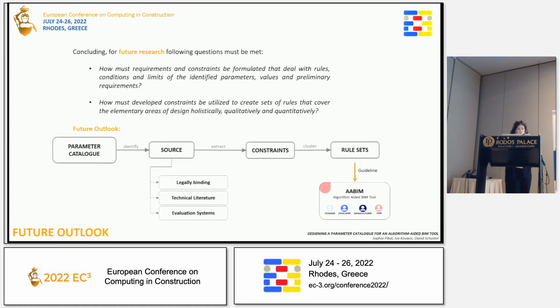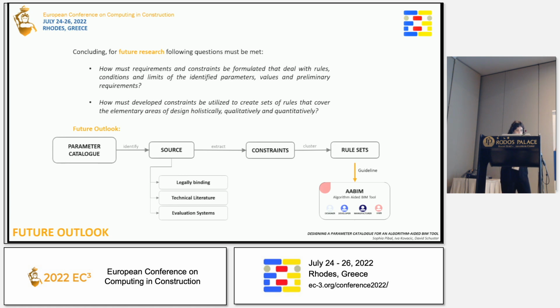How must the requirements and constraints be formulated that deal with rules, conditions, and limits of the identified parameters in this catalog, so the values and the preliminary requirements can be found? And how must the developed constraints be utilized to create a set of rules or a guideline that covers the elementary areas of the design?